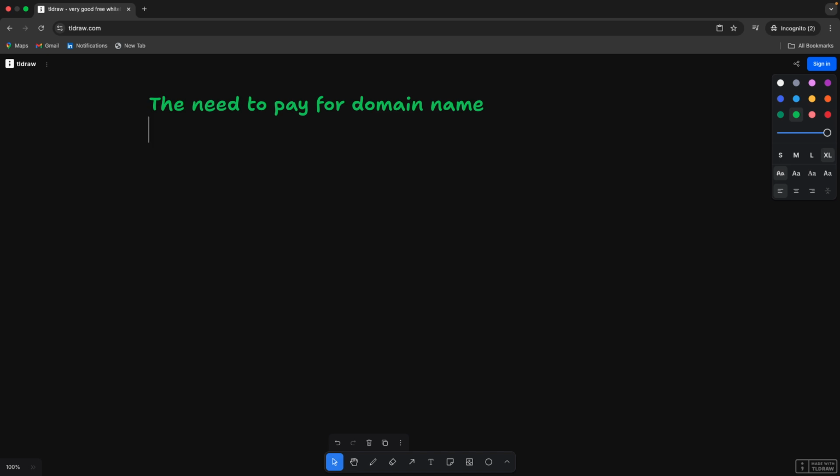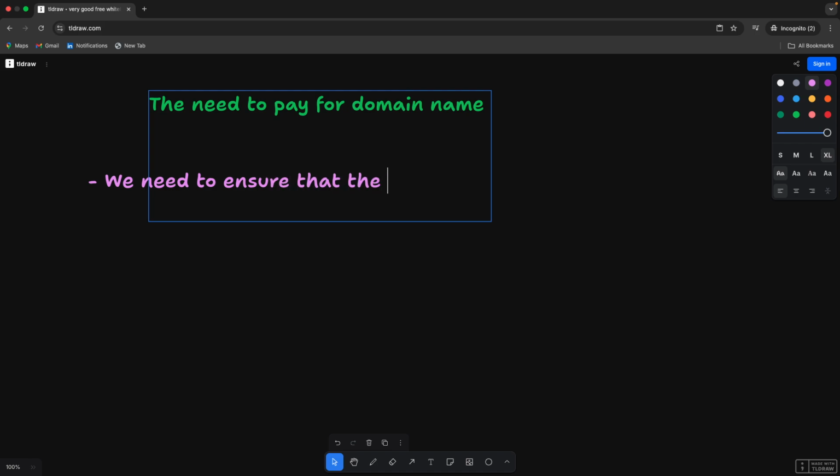These domain names are managed by some company, because we need to ensure that the names are unique and no two domains can match, right?